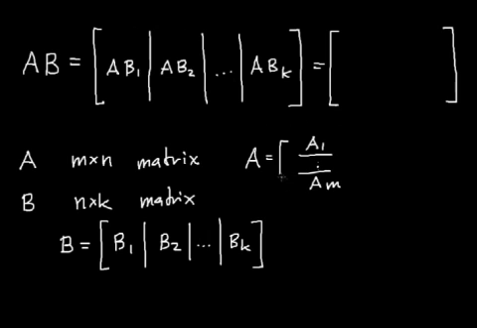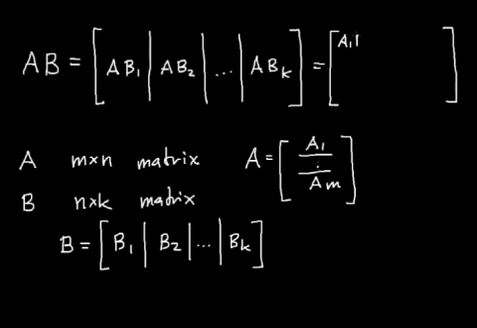So I need a bigger bracket. So let's say the matrix A has rows A1 up to AM. Each of these Ai represents the ith row of the matrix A. In that case, we can further write down the following.